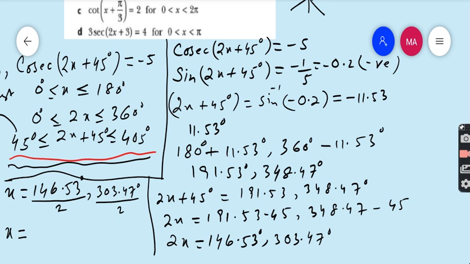X is equal to: first angle is 73.3, correct to 1 decimal place.